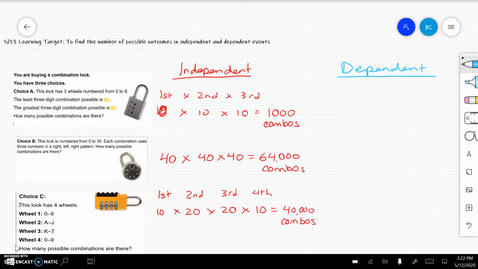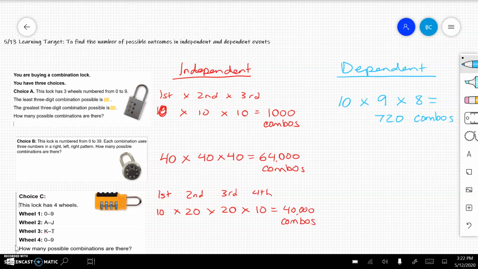So again, if I had this first lock, I had 10 possibilities in my first position, but then if I have to use different numbers or unique numbers, in my next position I would only have 9 options available because one of them would be gone. And then in my next position I would have only 8 options available because 2 of them would have already been used. So that reduces my number of possibilities to 720 combinations.